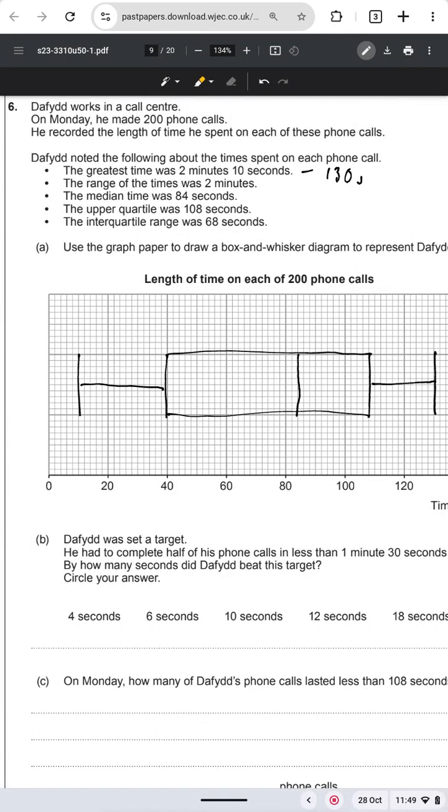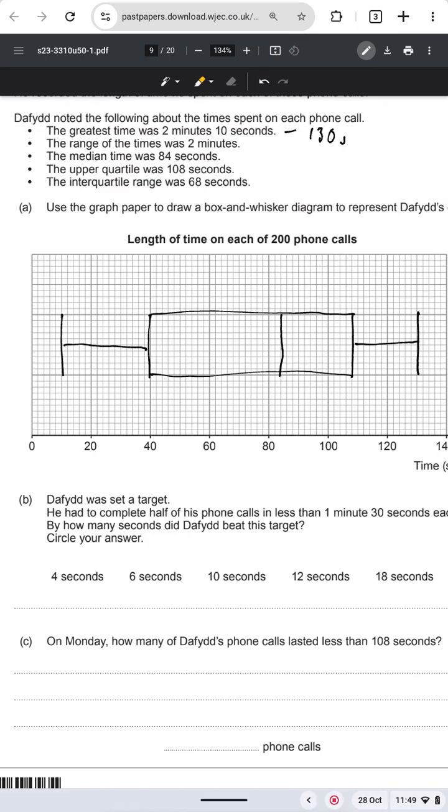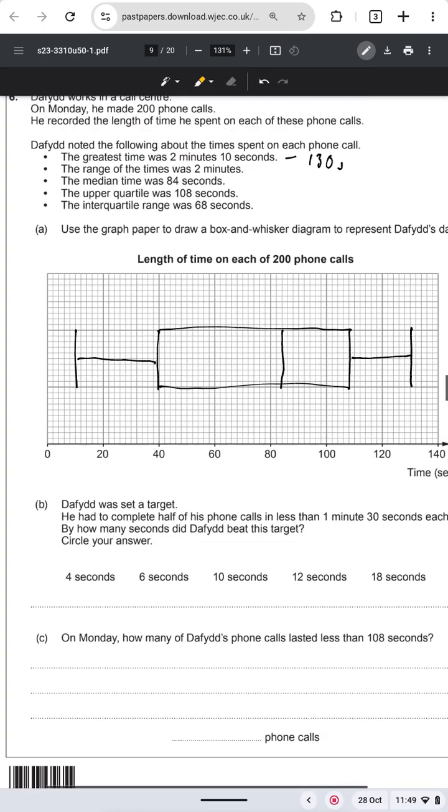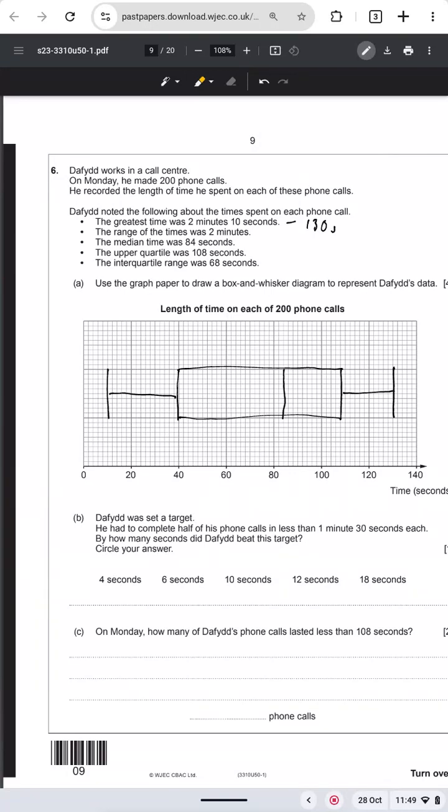David had to complete half his phone calls in less than 1 minute and 30 seconds each. By how many seconds did David beat his target? Well, he answered half of them, which is the median line, in 84 seconds, so he beat it by 6 seconds. On Monday, how many of David's calls lasted less than 108 seconds?